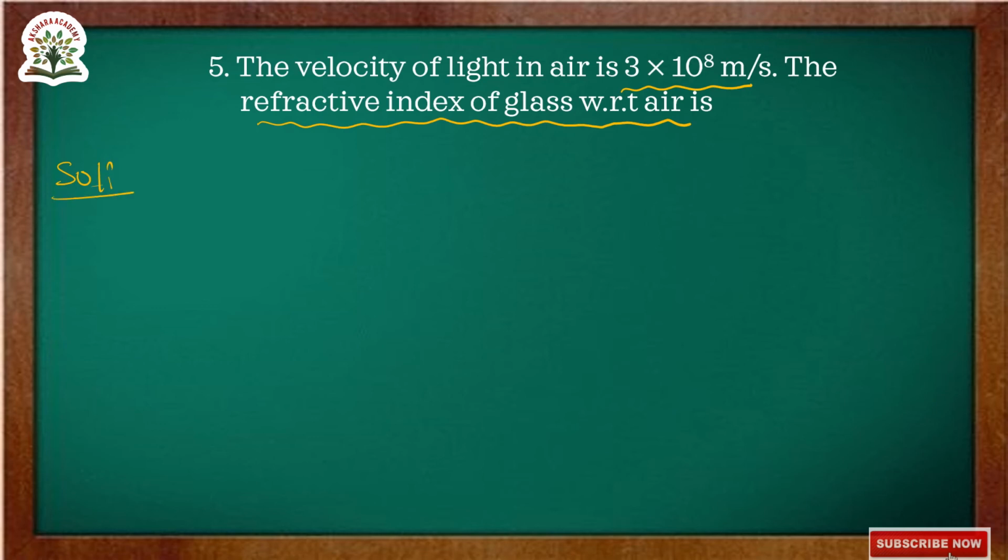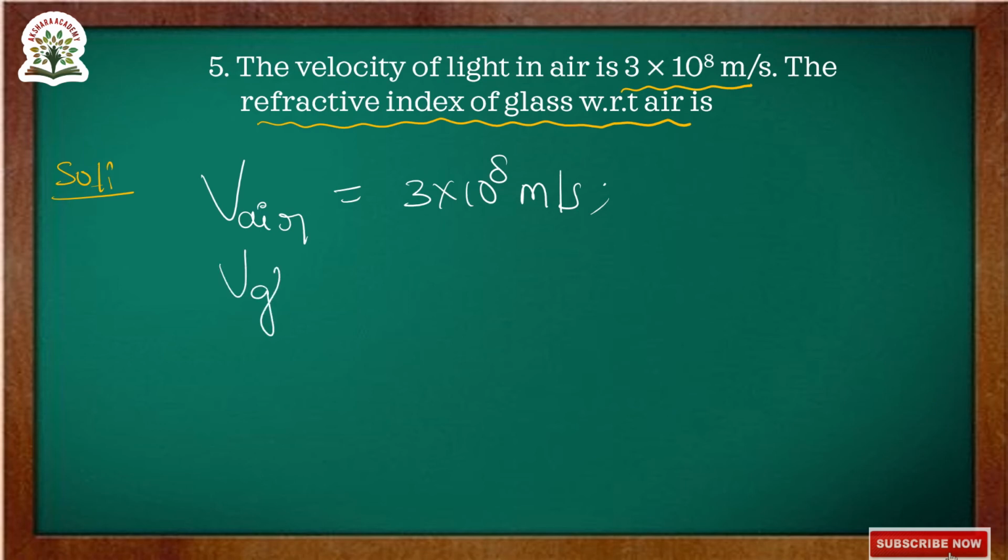Here the given velocity of air, V air is equal to 3 into 10 to the power of 8 meter per second, and V glass is equal to 2 into 10 to the power of 8 meters per second.